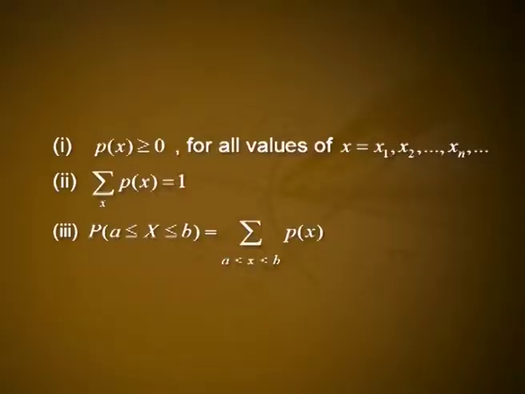Let p of x denote the probability mass function of a discrete random variable X, then number 1, p of x greater than or equal to 0 for all values of small x equal to x1, x2, etc., xn, etc. Number 2, summation over x of p of x is equal to 1. Number 3, p of a less than or equal to x less than or equal to b is equal to the summation over a less than or equal to x less than or equal to b of p of x.